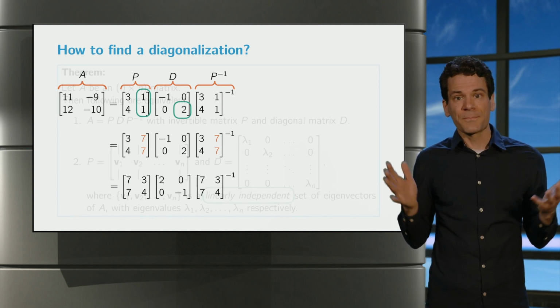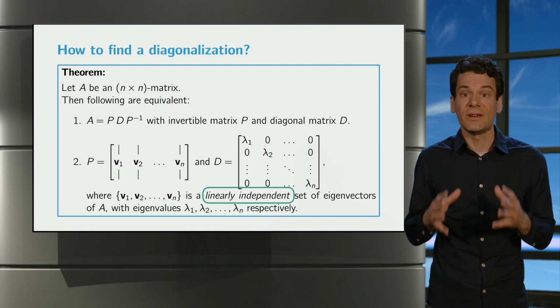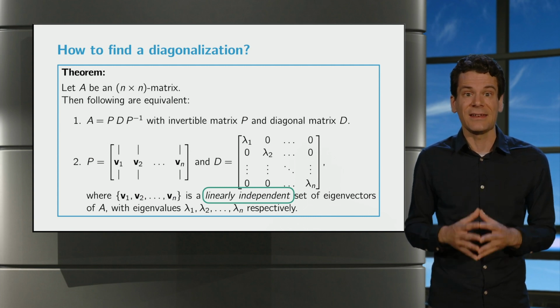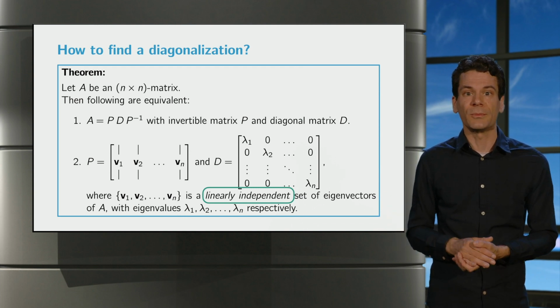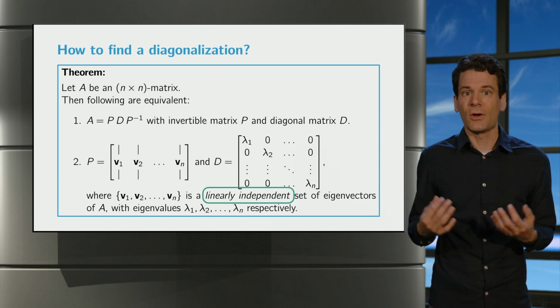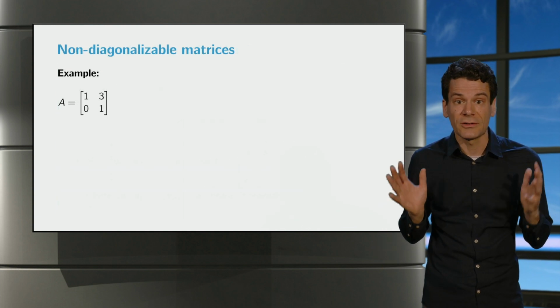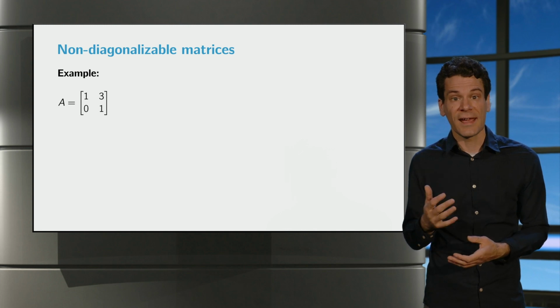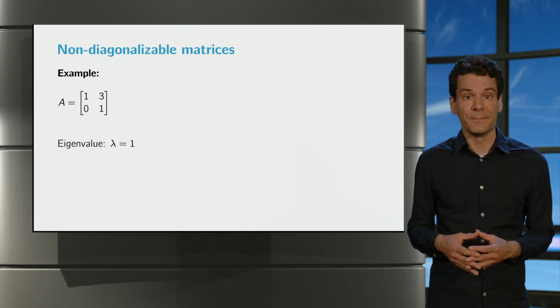As a last remark, let me stress that for a diagonalization of an n by n matrix, you need a set of n linearly independent eigenvectors. Otherwise, matrix P cannot be invertible. It is not always possible to find such a set of eigenvectors. For example, consider this matrix. You can check that it has only one eigenvalue, namely lambda equal to 1.